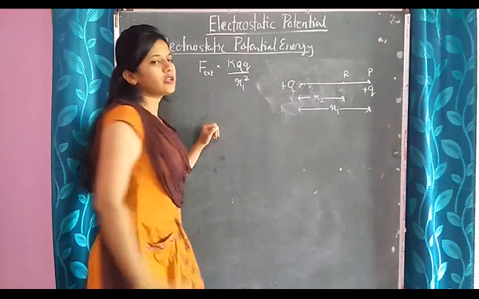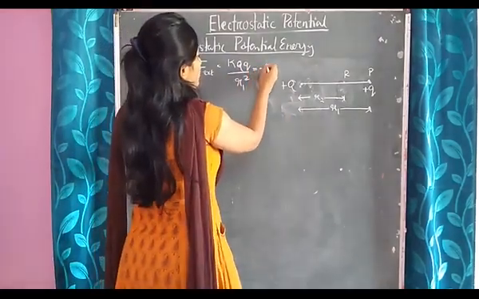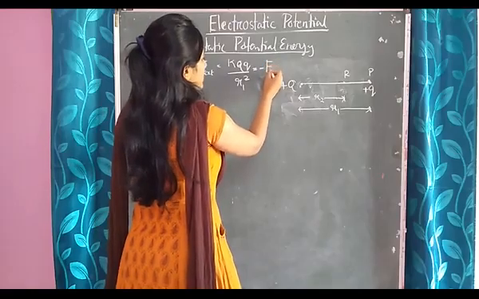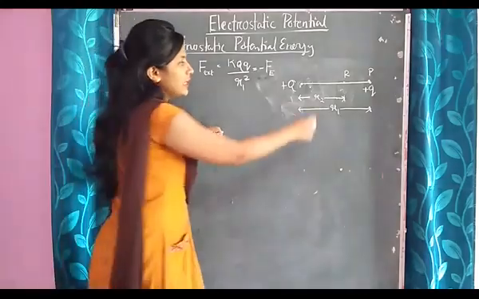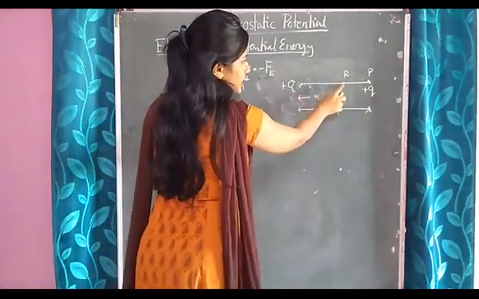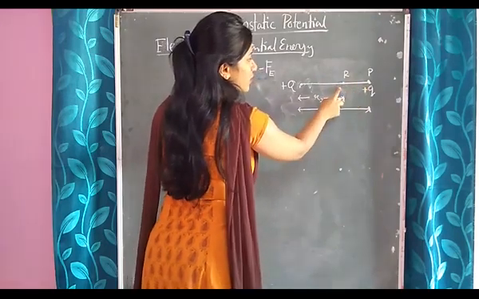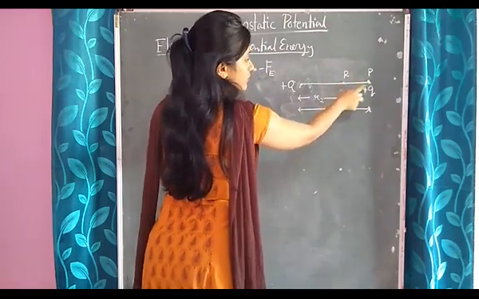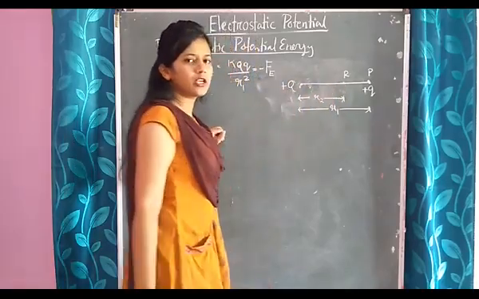But this external force must be equal and opposite to the electrostatic force. In order to place this particle against this repulsive force, we have to do some work, and that force should overcome this electrostatic force.